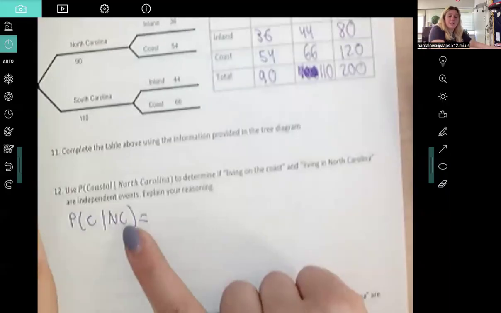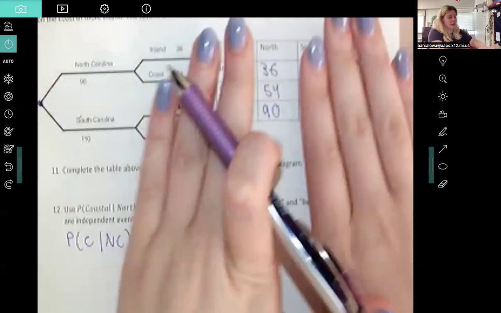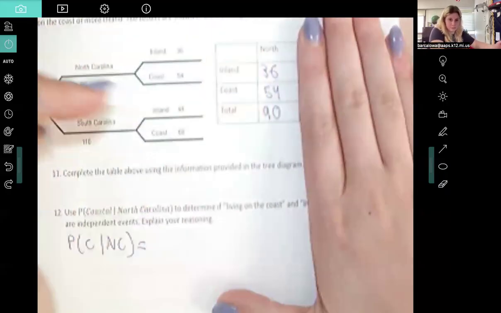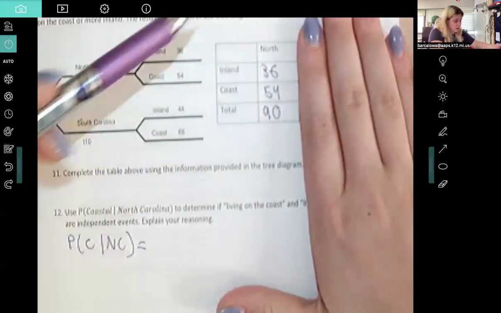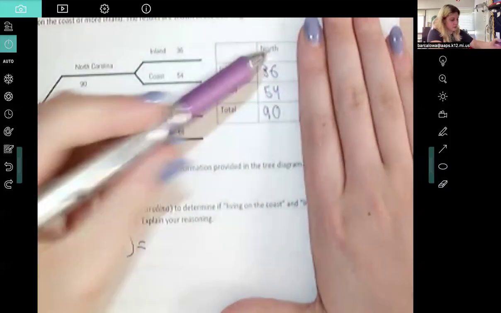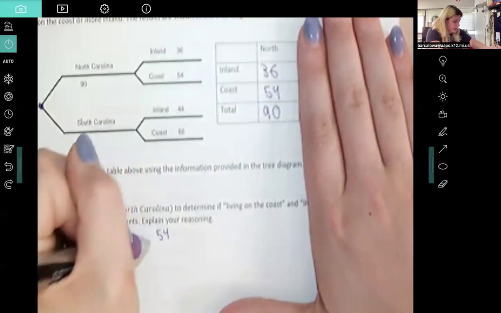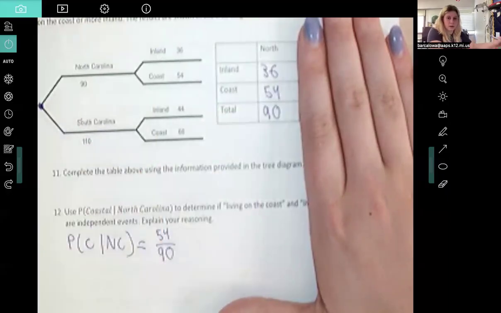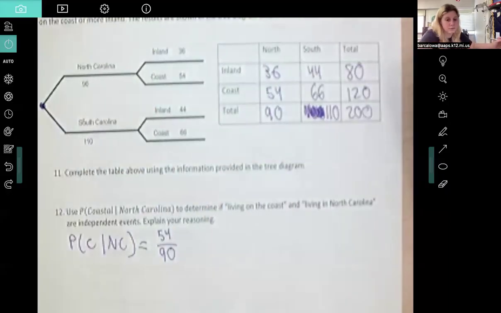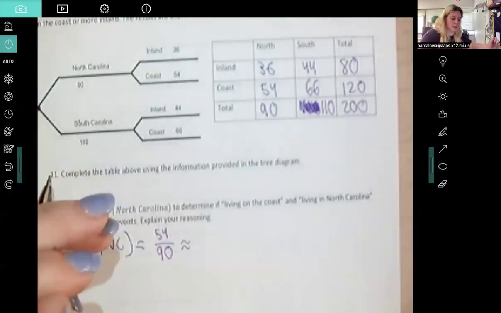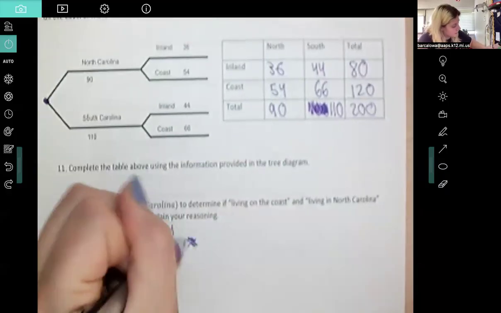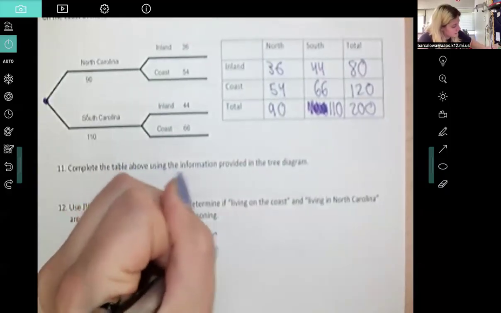I'm limiting to just the North Carolina column. Being on the coast looks like 54 people out of those 90 people in North Carolina. Let's get the percent. It's exactly 60%.